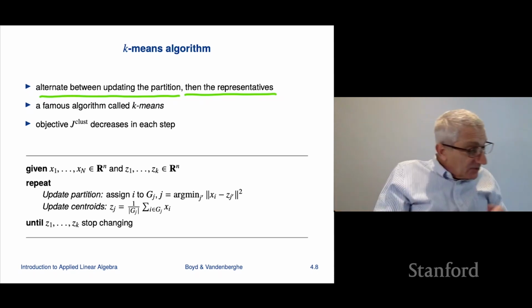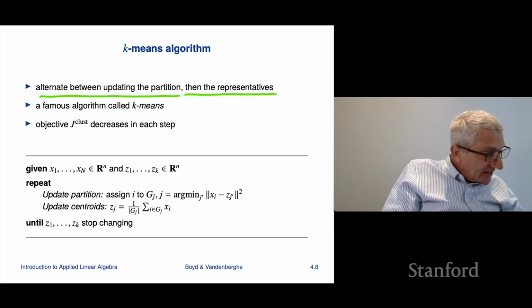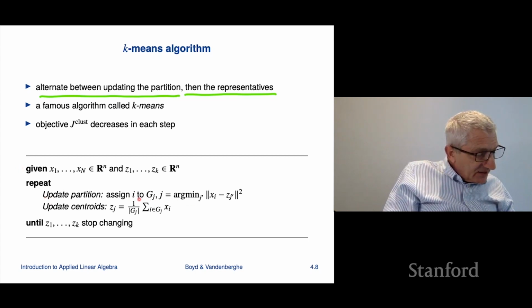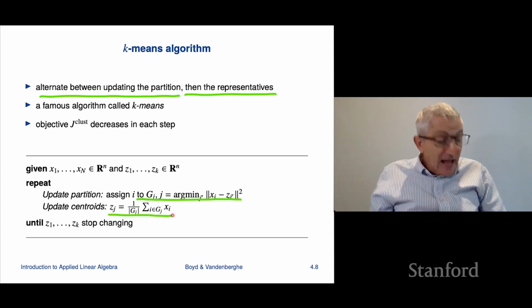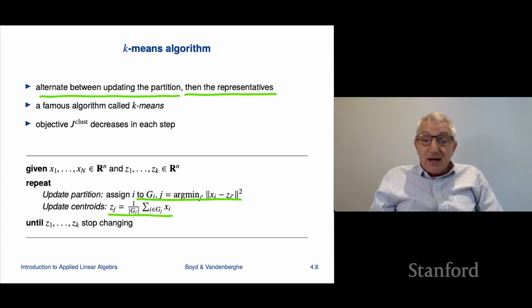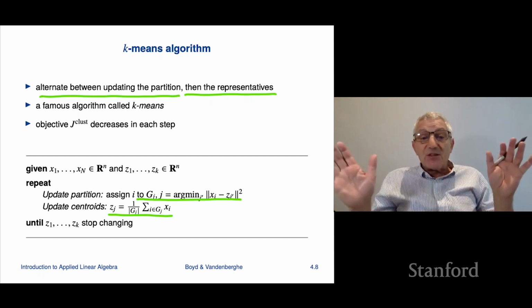Okay, so here's the algorithm. Here's how we're going to write it. We simply update the partition, so you find the nearest neighbor, and then you update the centroids. At some point, you're going to get to the point where the partition doesn't change, and thereafter nothing will ever happen.